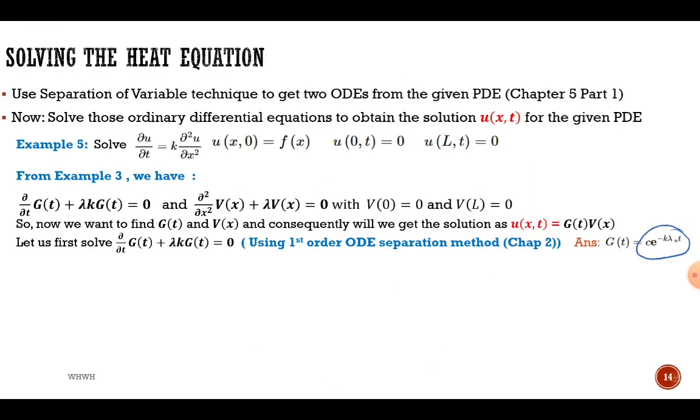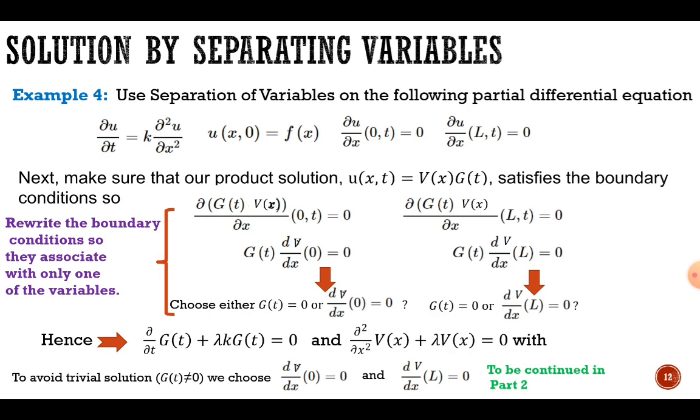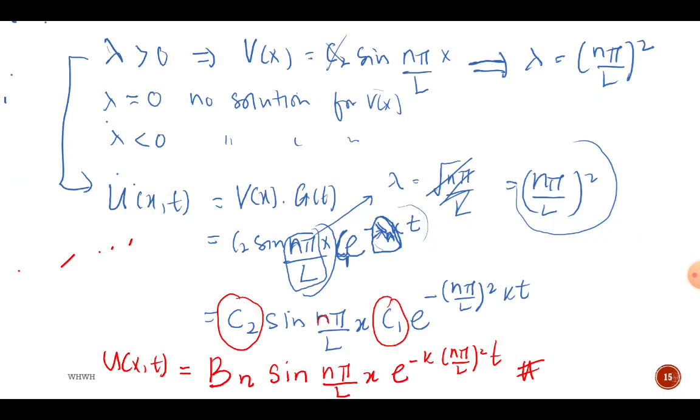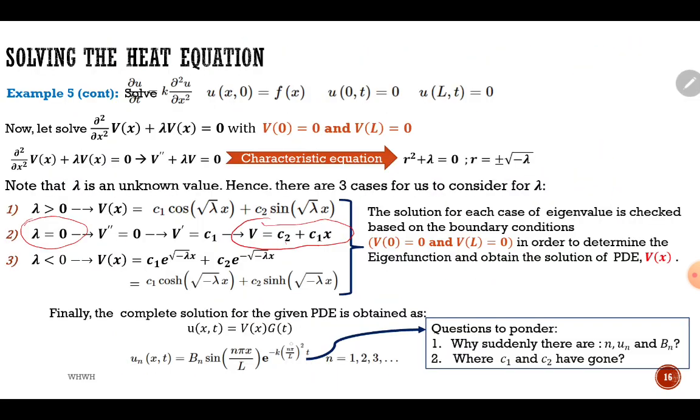Okay, so kalau you tengok dekat jawapan yang diberi, this is the answer given, kan, where n is equal to 1, 2 and 3. And I think I have answered all here. Why suddenly there are n, un and bn here?